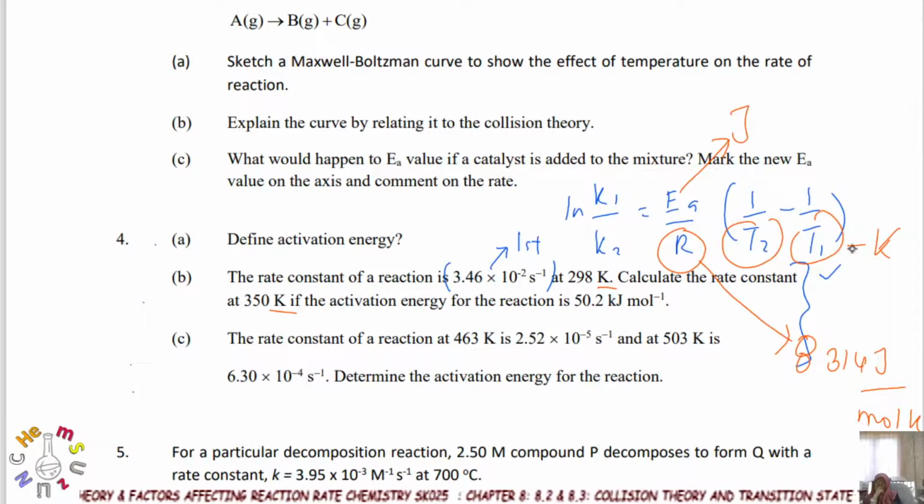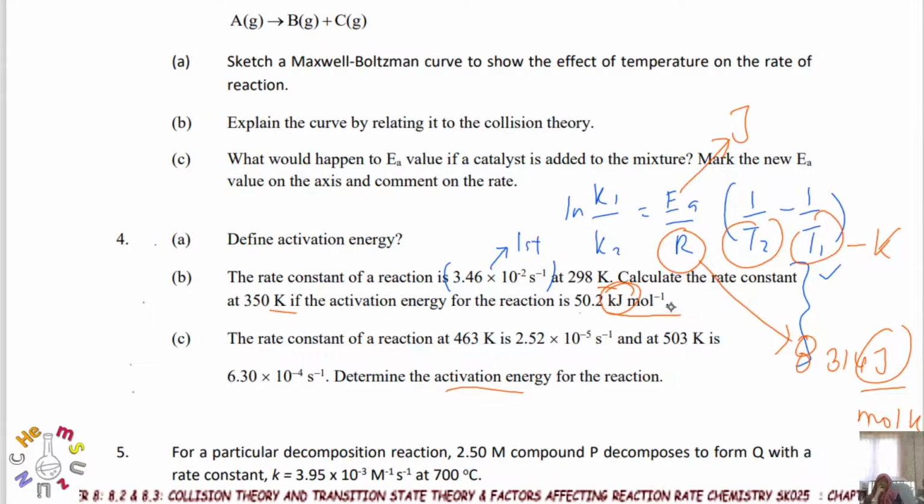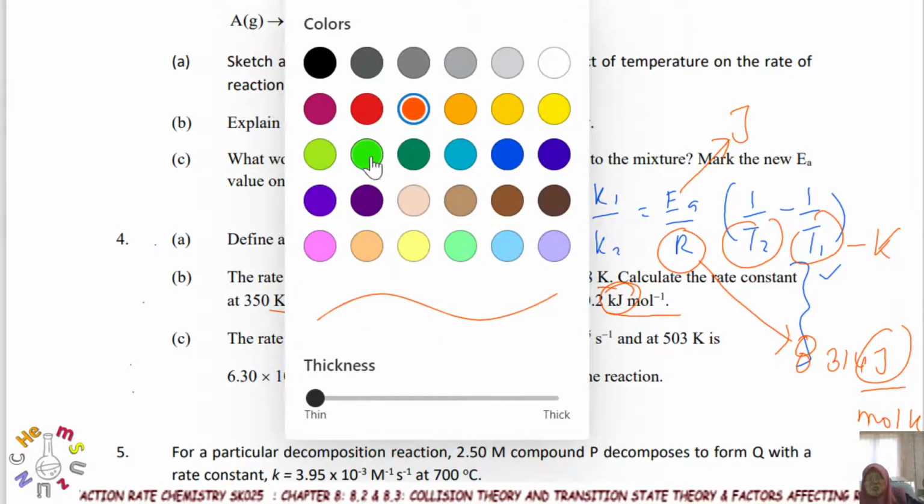Tengok yang pertama ni, EA yang dibagi adalah dalam kilojoule per mole. Maksudnya, disebabkan constant di dalam joule, so EA ni mesti ditukar daripada kilojoule kepada joule. Itu je.